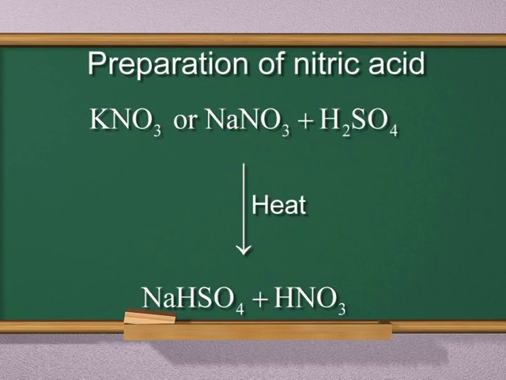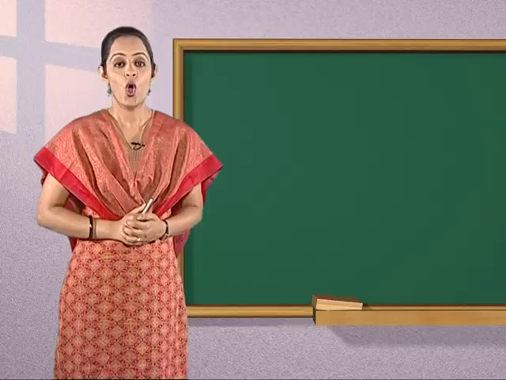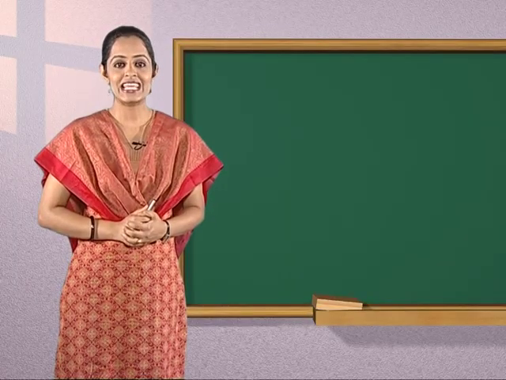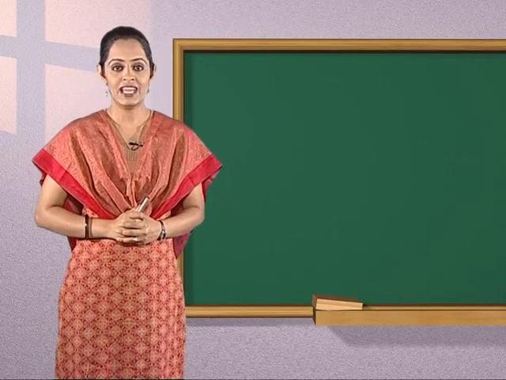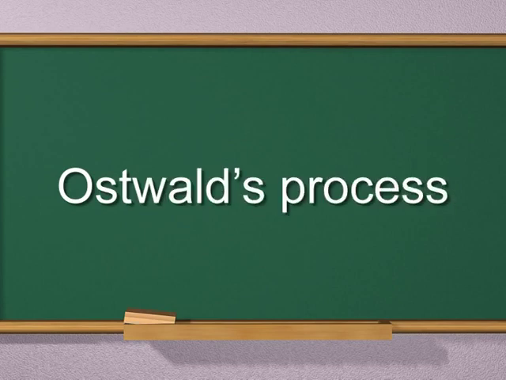In the laboratory, nitric acid is prepared by heating potassium nitrate or sodium nitrate and concentrated sulfuric acid in a glass retort. On commercial scale, it is mainly prepared by Ostwald's process.